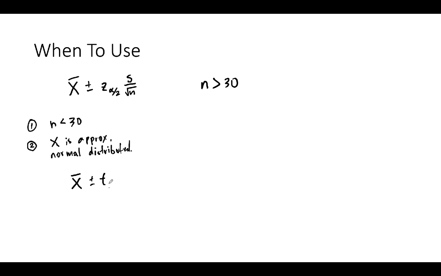A lot of times it's written with this fancy little v that stands for degrees of freedom, but you could just replace that with n minus 1.